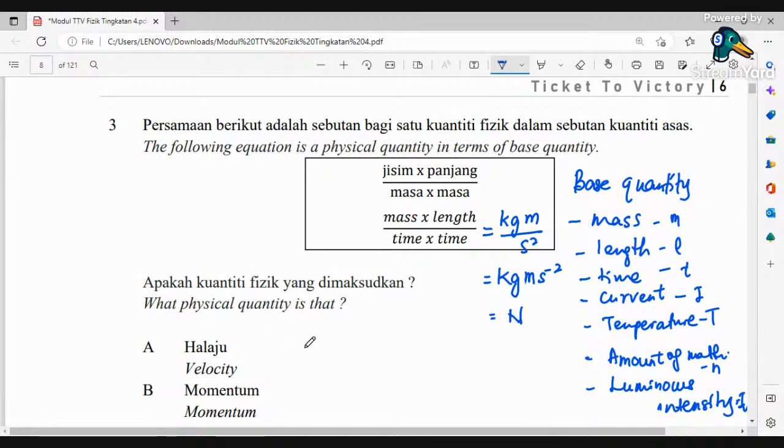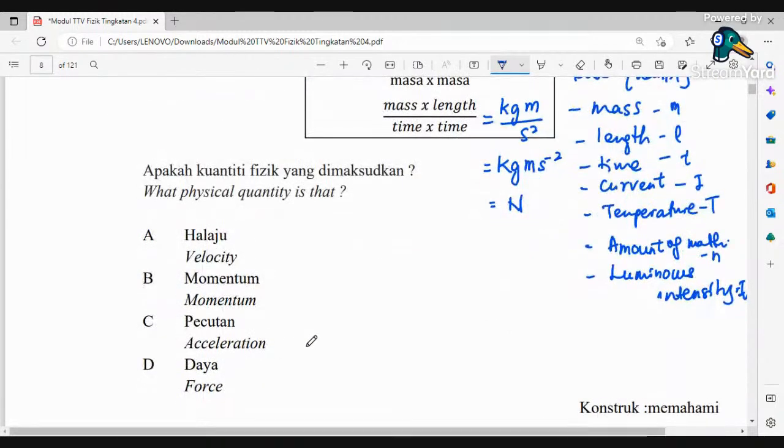So what is physical quantity? So Newton unit untuk apa? Okay. If velocity is meter second negative 1, momentum is kg meter second negative 1, acceleration meter second negative 2. Newton ialah unit force. So jawapan dia D ya untuk soalan ni.